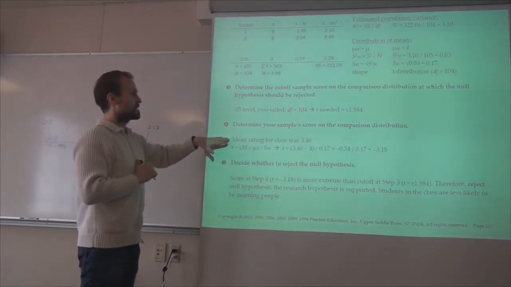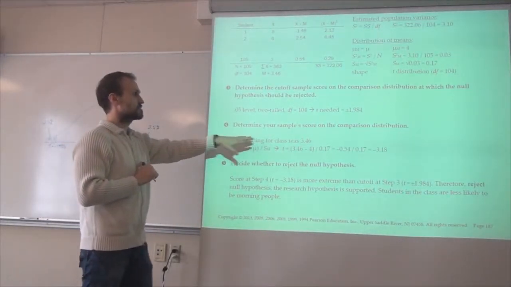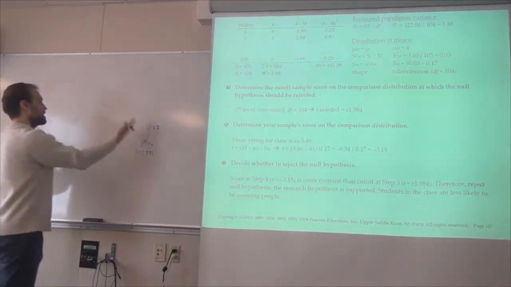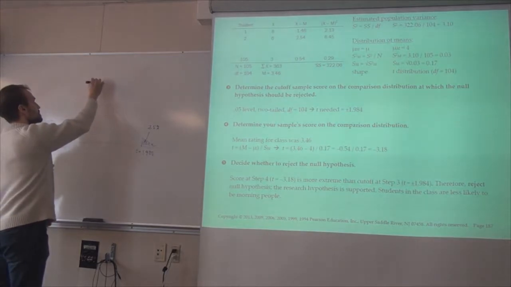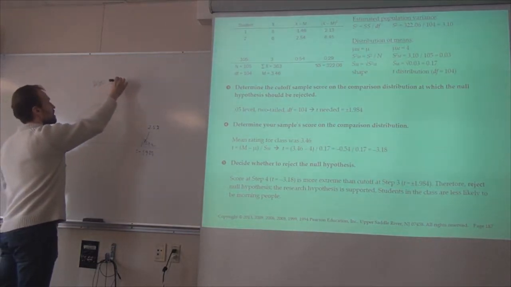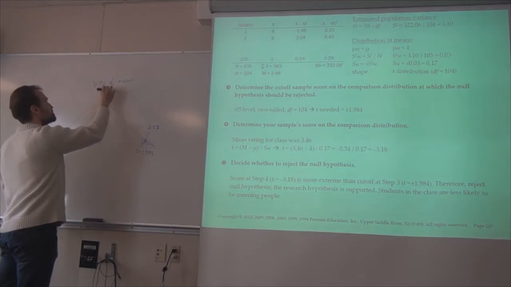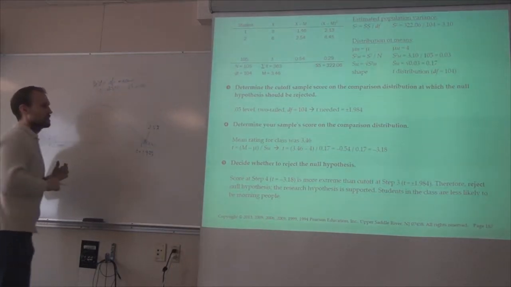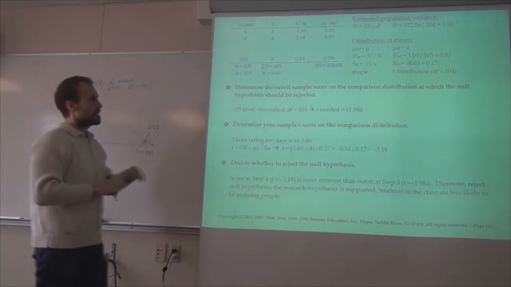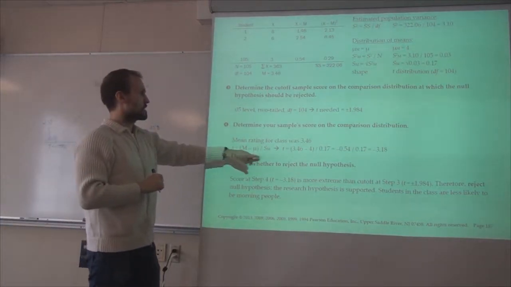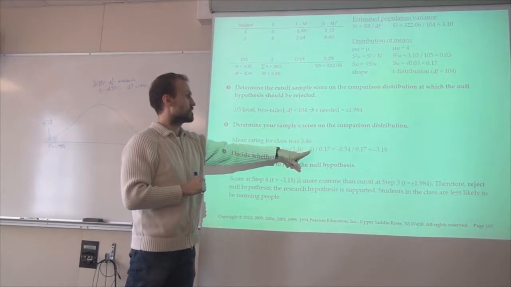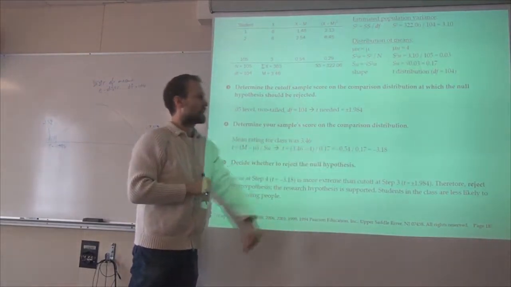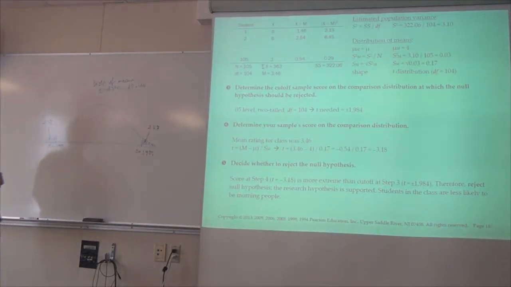Now I look at my sample mean, 3.46, and convert that to a t-score to see where it sits in the distribution of means. It's a t-distribution, degrees of freedom 104. So I calculate that, 3.46, compared to the distribution mean, with the standard deviation estimate, and I get negative 3.18.